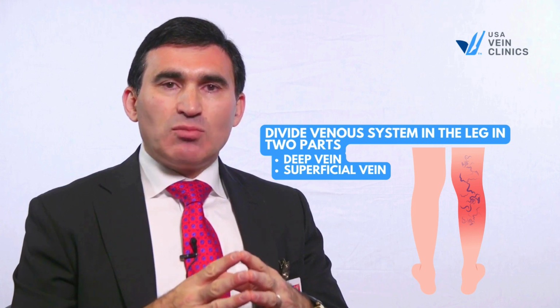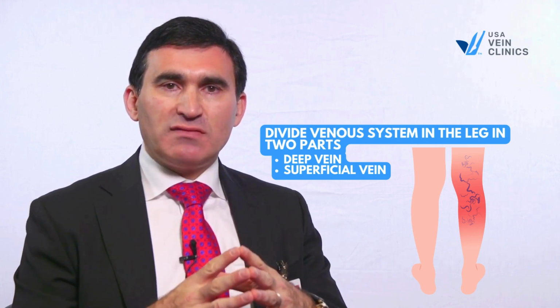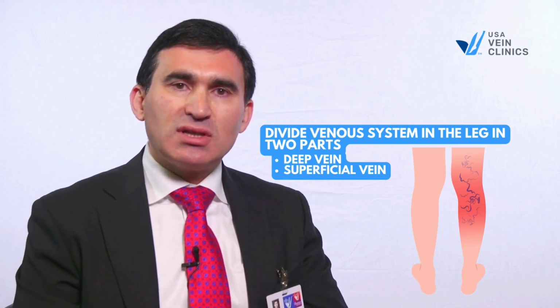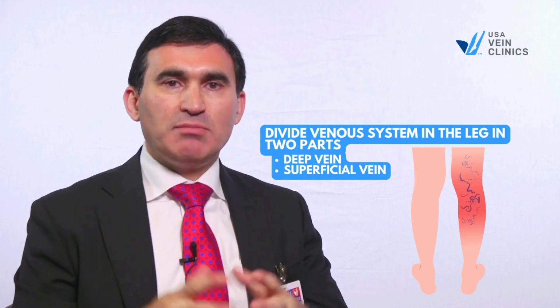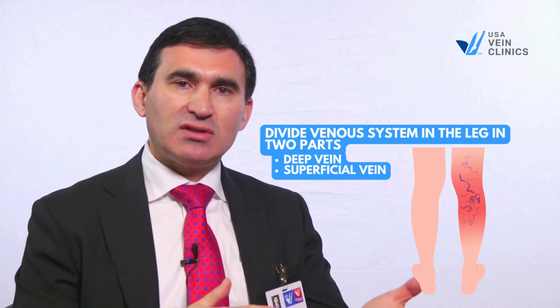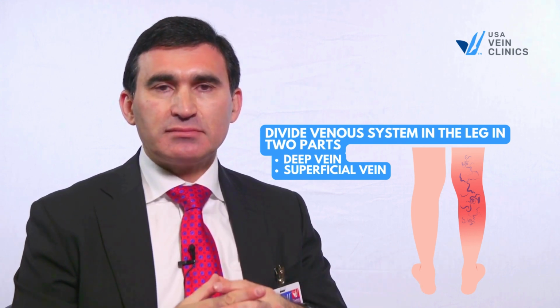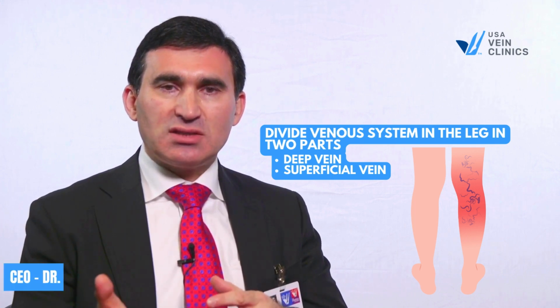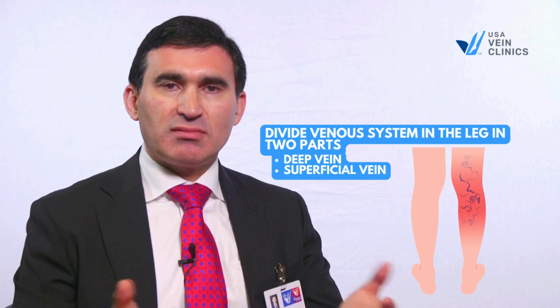If the problem is in a small, tiny superficial vein, it's not a big deal. But unfortunately, many times the problem is in the main superficial veins. We call them the saphenous veins: great saphenous, small saphenous. And the worst part is that this superficial vein system is connected to the deep.